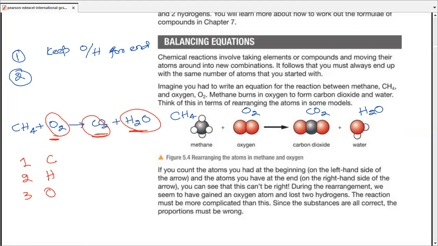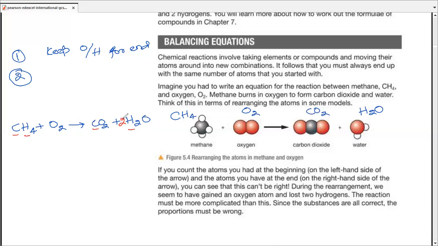All right. Now, what I'm going to do is that we keep this list in mind and we are going to balance the entire thing. Let's try it. So starting with carbon, there is one carbon over here and one carbon over here. It means we do not need to balance carbon first. Starting with hydrogen, there are four hydrogen over here, but two over here.